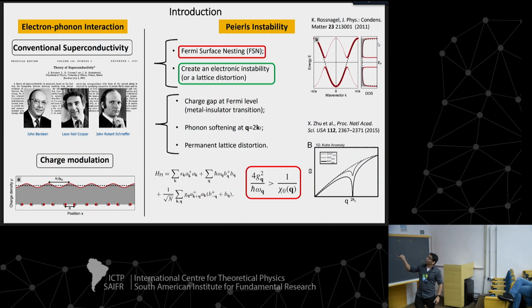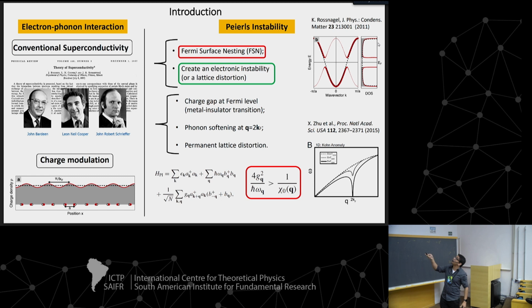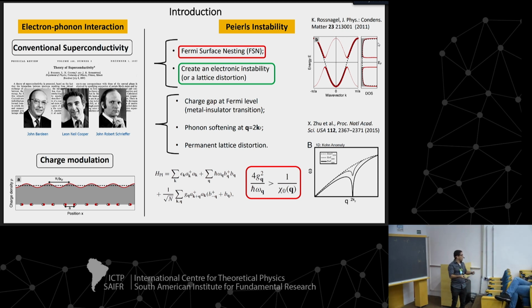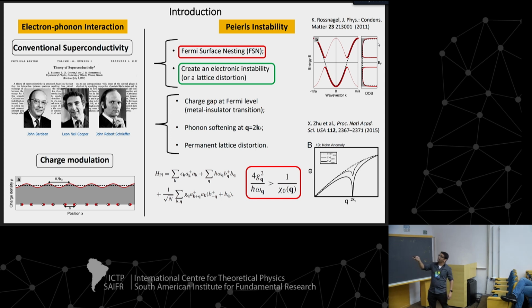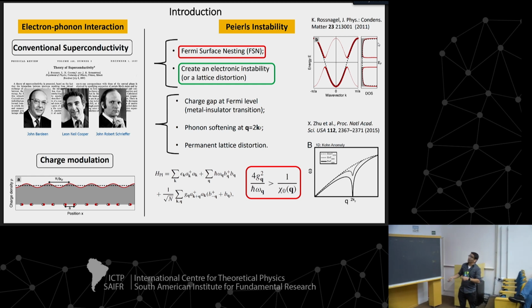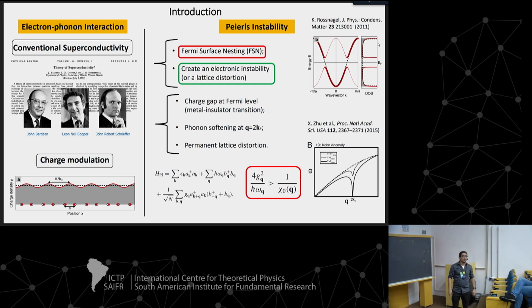The simple explanation is that if you have nesting at your Fermi surface and one electronic instability like electron-phonon coupling, you get a charge gap in your single particle spectra, a phonon softening, the Kohn anomaly, at a vector equal to 2 times the Fermi momentum, and also a permanent lattice distortion. This is what Peierls gave us as a result of perturbation theory for electron-phonon coupling.